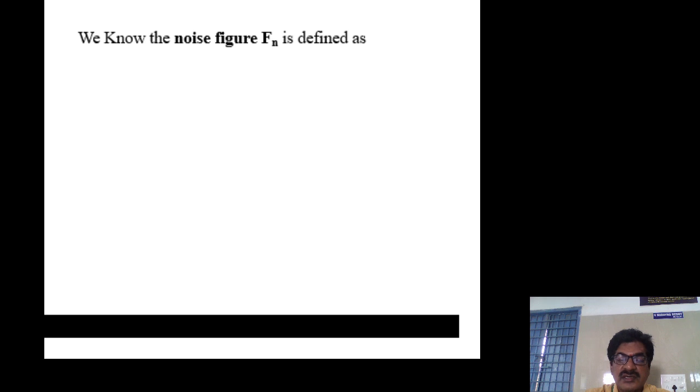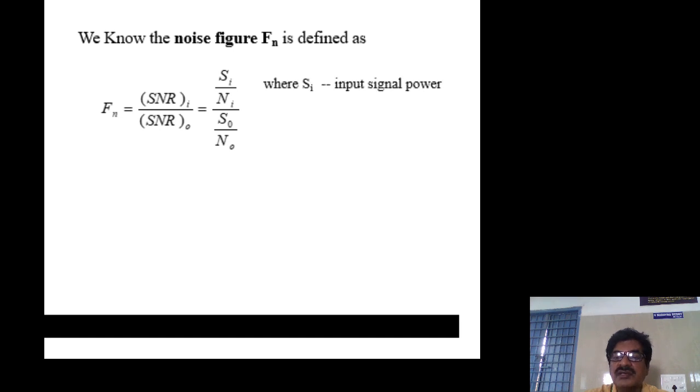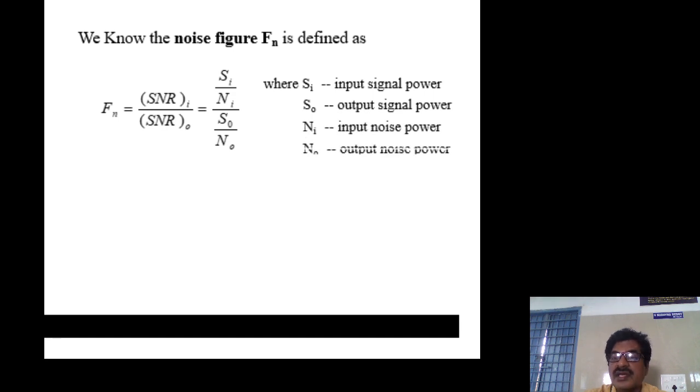We can define it as the ratio of the signal to noise ratio at the input to the signal to noise ratio at the output, that is Si by Ni divided by S0 by N0, where Si is input signal power, Ni is input noise power, S0 is output signal power, and N0 is output noise power.